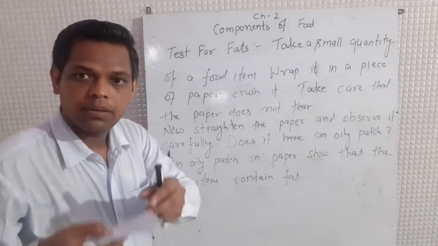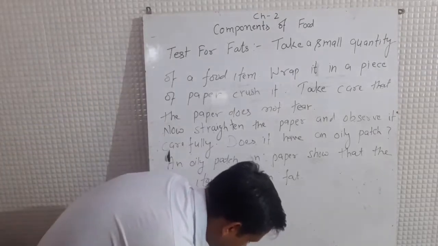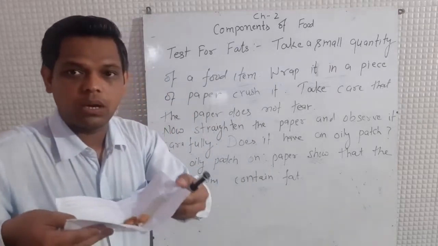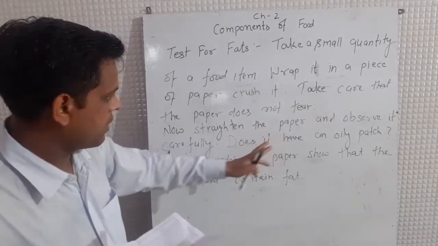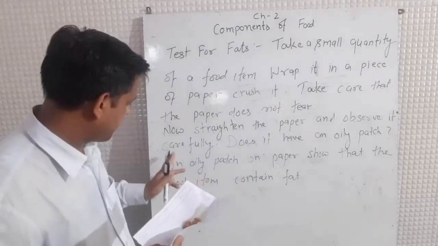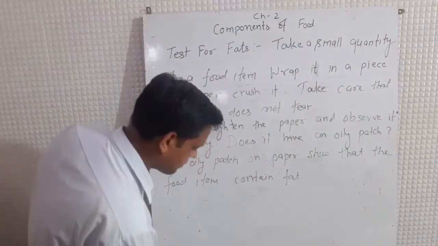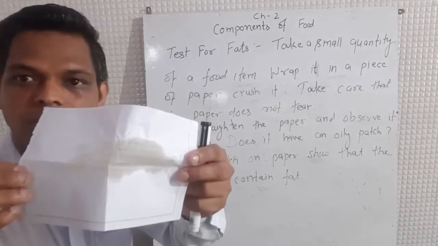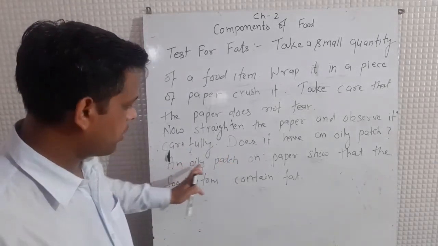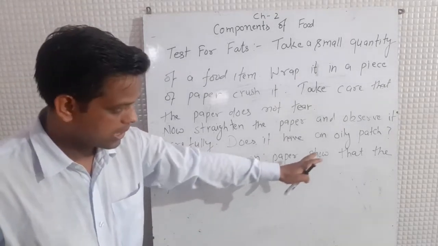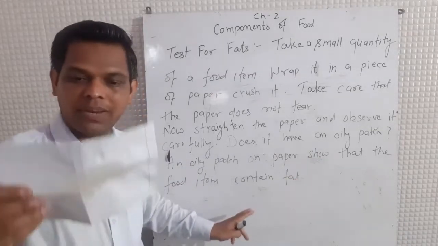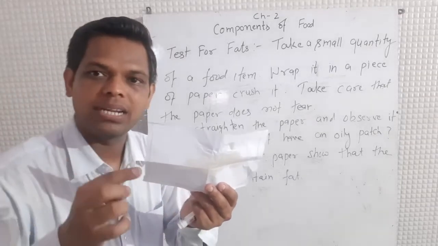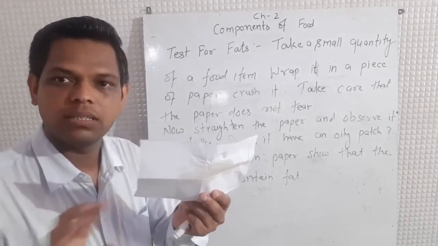Now straighten the paper and observe it carefully. Does it have oily patches? See, it has some oily patches, and oily patches on the paper show that the food item contains fat. If you find oily patches on the paper, it means your food item contains fat, otherwise not.